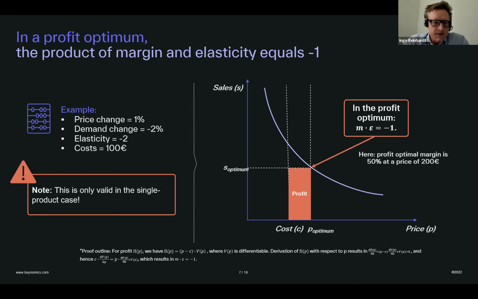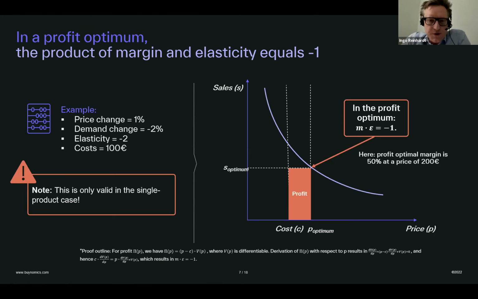And in that case, typically the prices are a bit higher, because if a customer chooses not to buy a product, that customer might go to one of our other products, so it's more acceptable if we lose a customer on a certain product, because that customer might stay within our portfolio. So if we have a portfolio, prices tend to be a bit higher than in the case where we only have a single product. So in this case, this relationship is fairly easy.